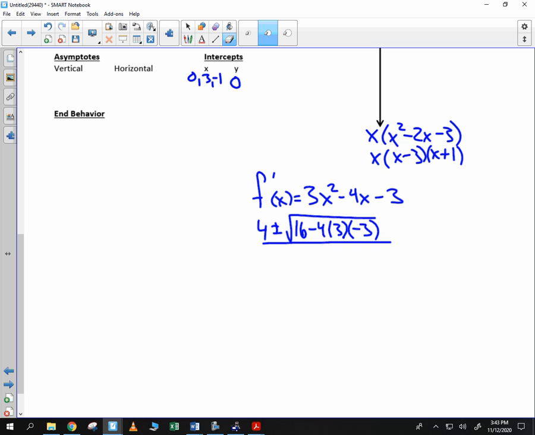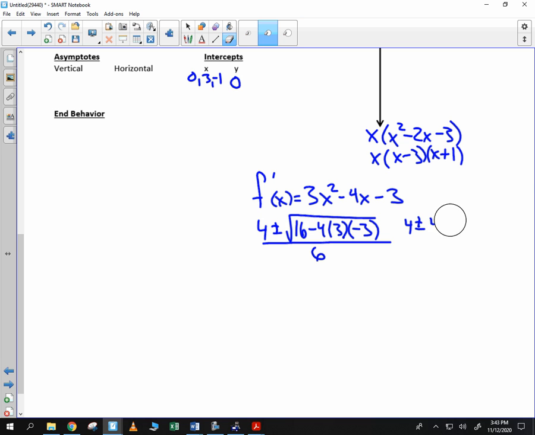Wow, struggling. So 4 times 3 is 12, times negative 3 is going to be negative 36. Plus 16 is going to be 52. So I have 4 plus or minus the square root of 52, or 4 plus or minus 2 roots of 13, over 6.